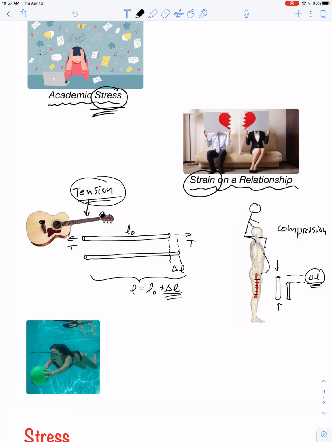Another form of stress could be the additional fluid pressure when a ball is taken underwater. So we might refer to that as a bulk stress. And that bulk stress is due to additional fluid pressure.